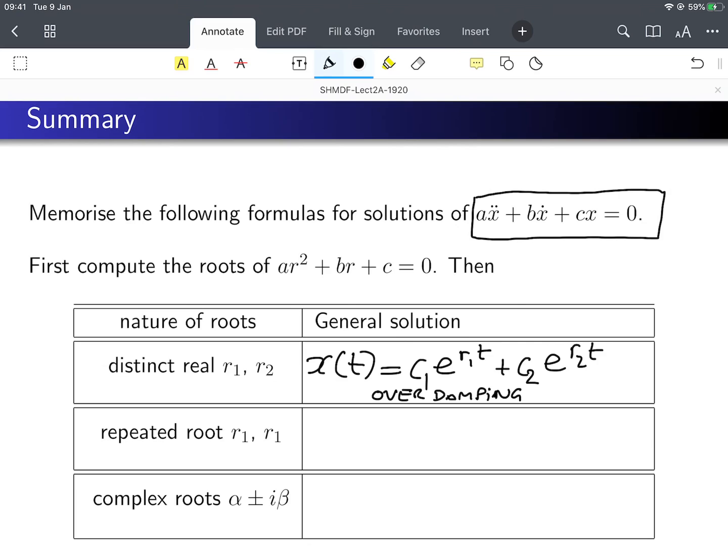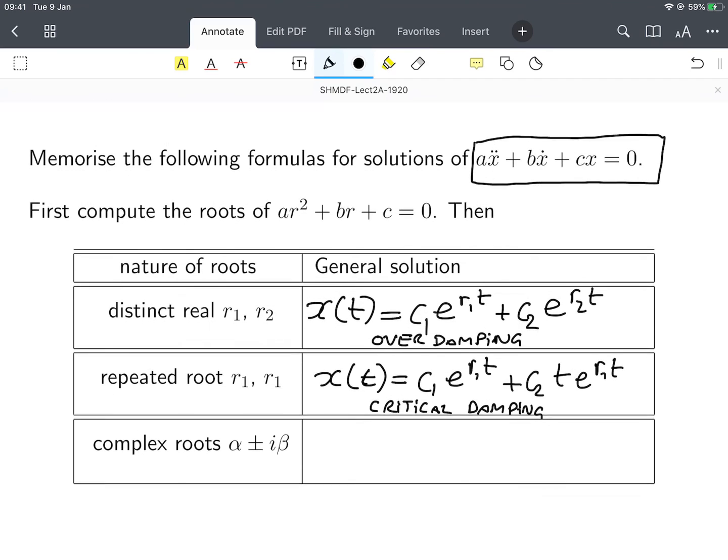If you have repeated roots, then x of t is going to be C1 e^(R1 t) plus C2 t e^(R1 t). And that's called critical damping.